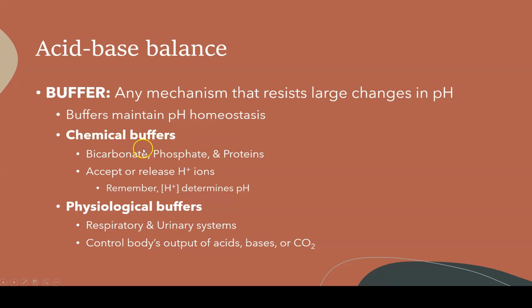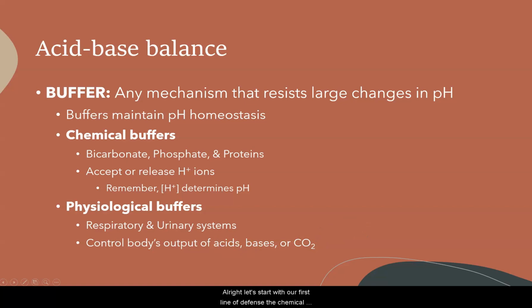Chemical buffers, which are bicarbonate, phosphate, and proteins, and they accept or release protons, or hydrogen ions, because remember, the concentration or the molarity of protons determines pH. And then we'll talk about physiological buffers, things like the respiratory and urinary systems, which help us buffer the pH of our blood. They control the body's output of acids, bases, or carbon dioxide.